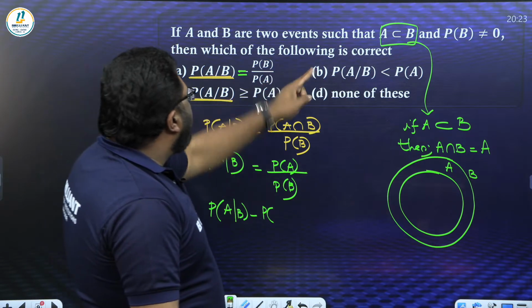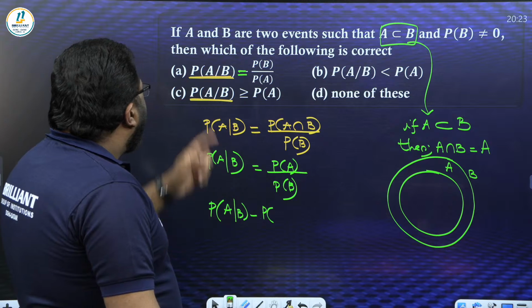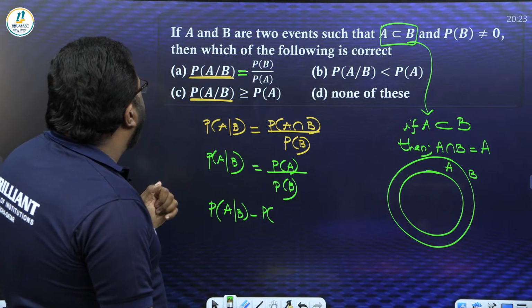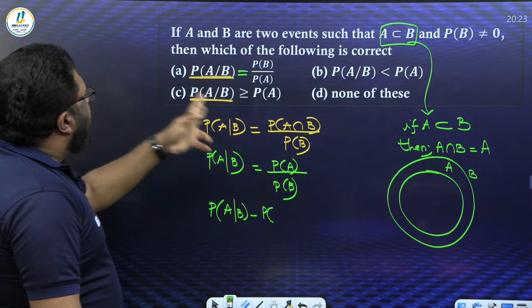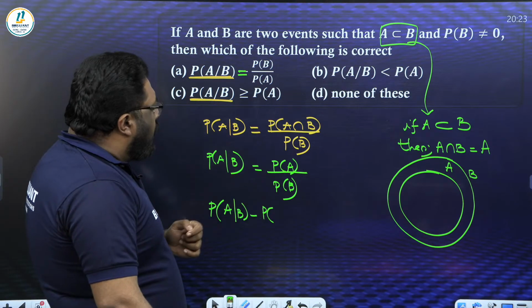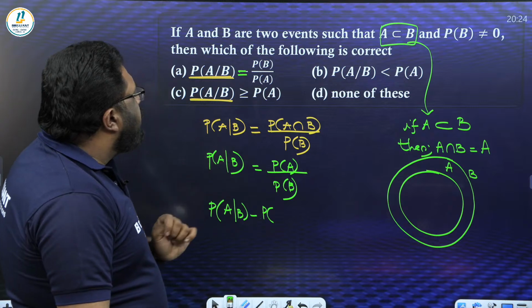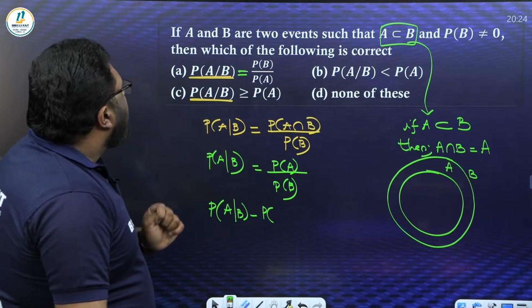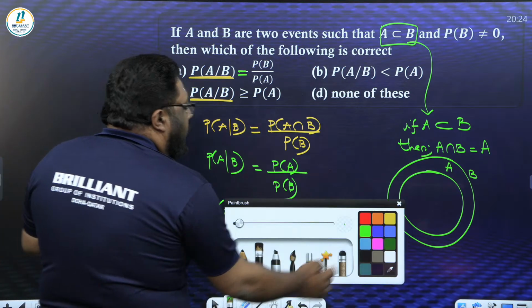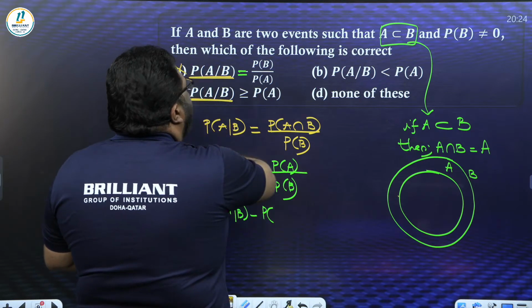Okay, fine. P of A by B is less than P of A. P of A by B is greater than or equal to P of A. Because P of B is not equal to 0, it is P of A by P of B, and A is the subset of B. So this option is also not right, this option is also not right, this option is also not right.